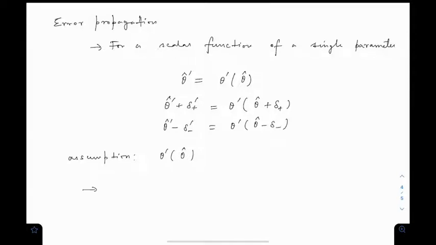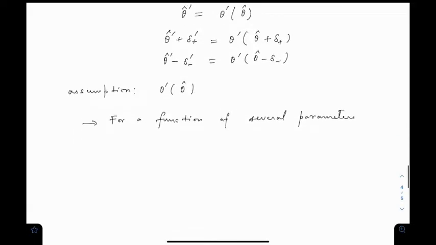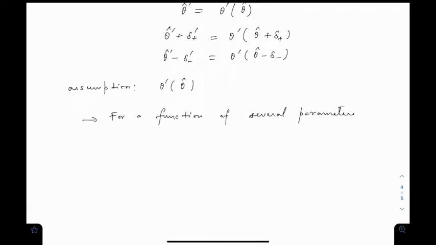So if we are looking at the error propagation for a function of several parameters, so basically we're looking at something like theta as a function of vector mu, which depends on several measured input parameters with asymmetric errors. In such a case, we have to eliminate nuisance parameters.